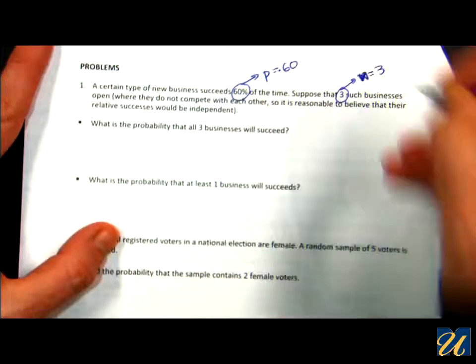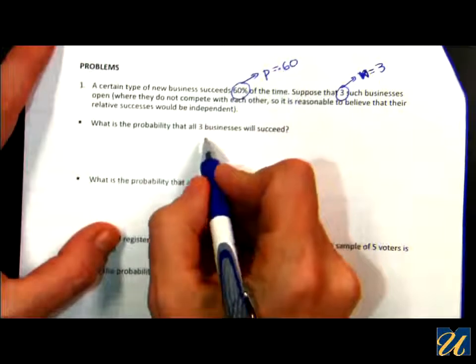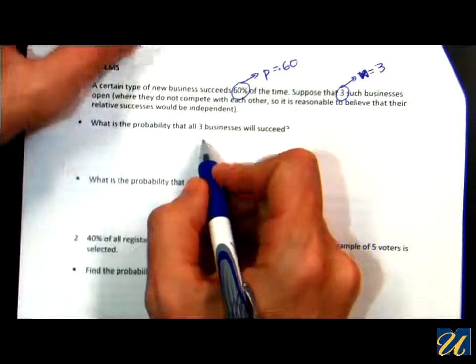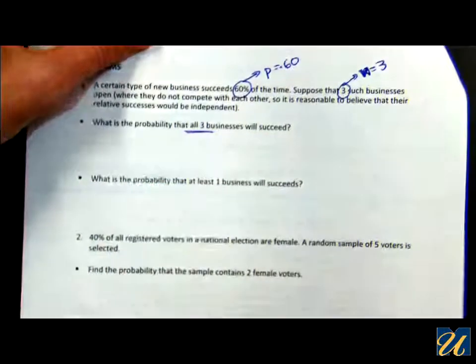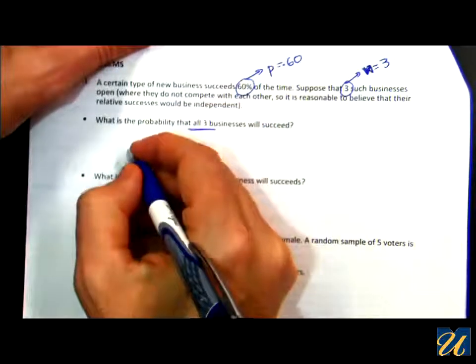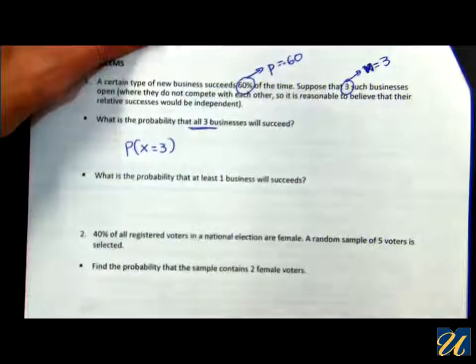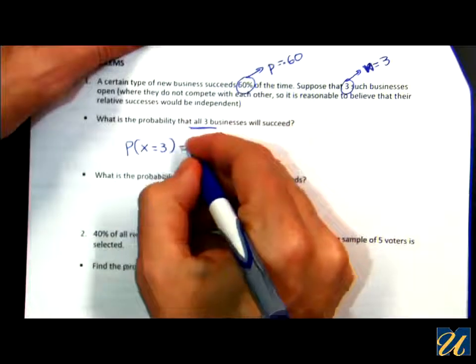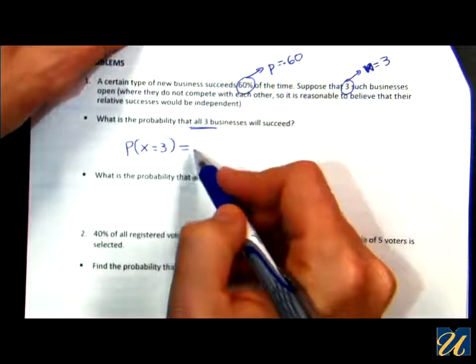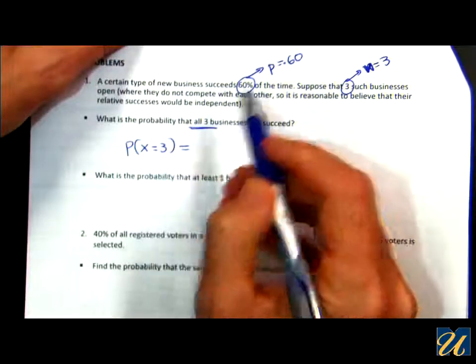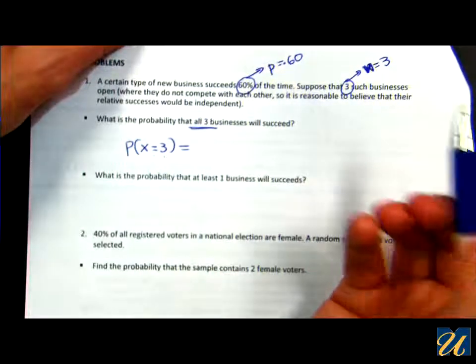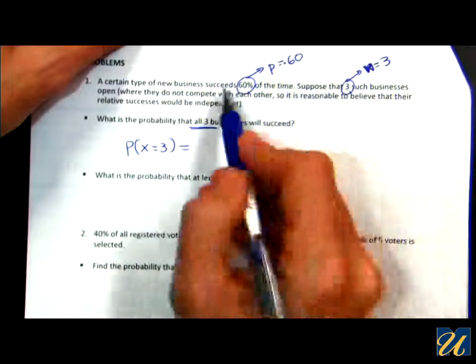Not x, n. What is the probability that all 3 businesses will succeed? That means I'm looking for the probability of x to be equal to 3. The only thing I need to do is simply calculate the binomial probability for x equals 3. How do I know that I have binomial? N and p are given.